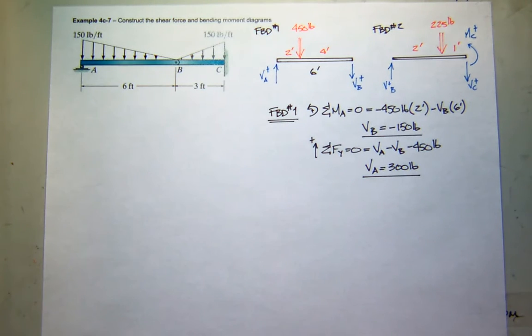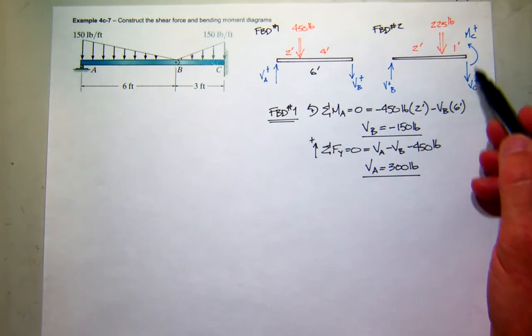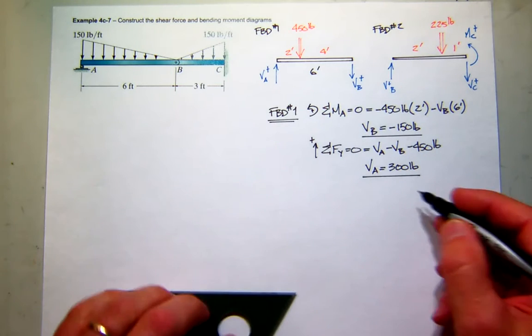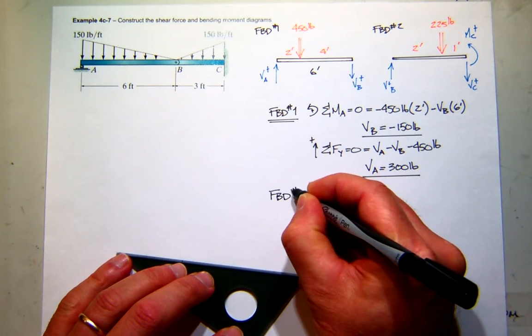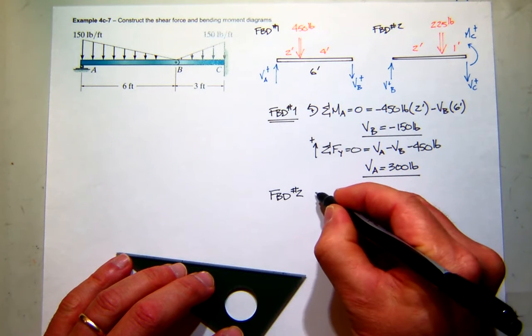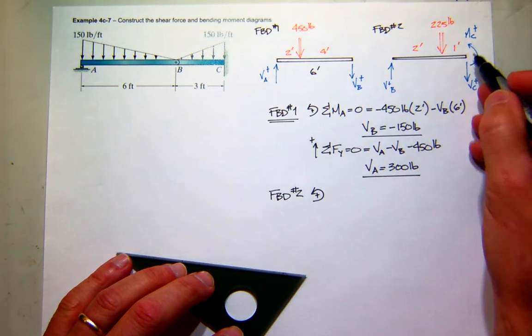Everybody okay with that? So let's now take my shear at B, apply it to the other side, and find these other reactions. So now going to free body diagram number 2, I'm going to sum moments about C.